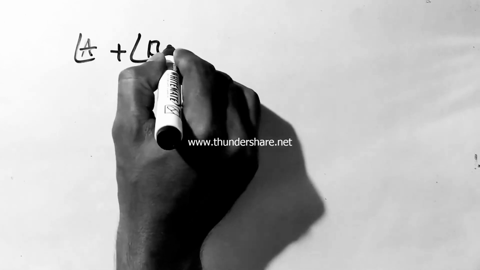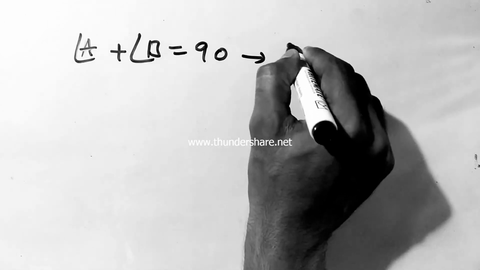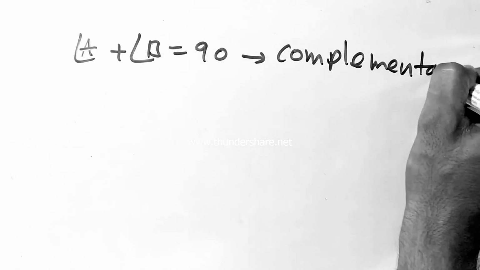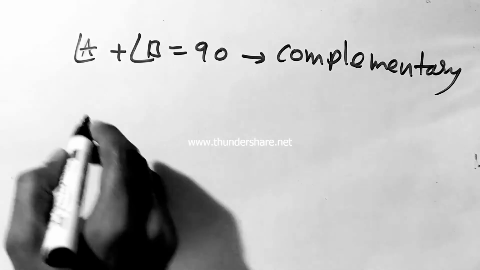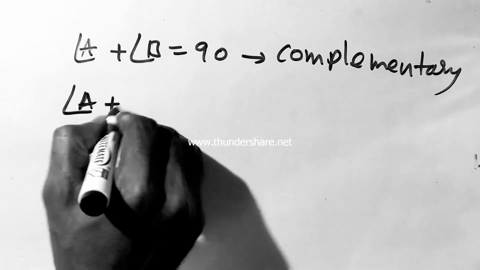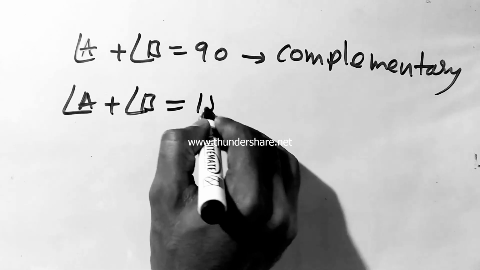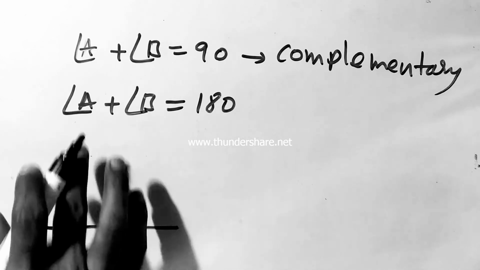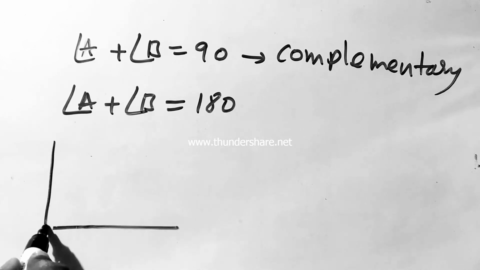Similarly, supplementary angles. In complementary angles, angle A plus angle B is equal to 90. In supplementary angles, angle A plus angle B should be 180. Let us take an example. Here this is a right angle.